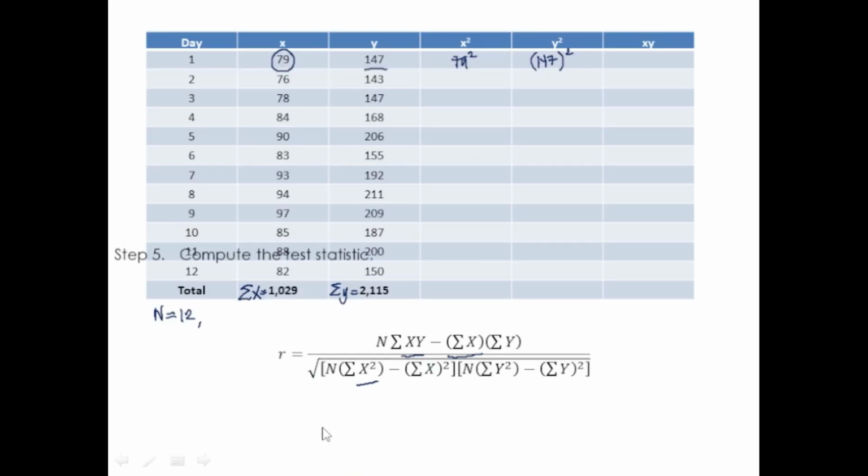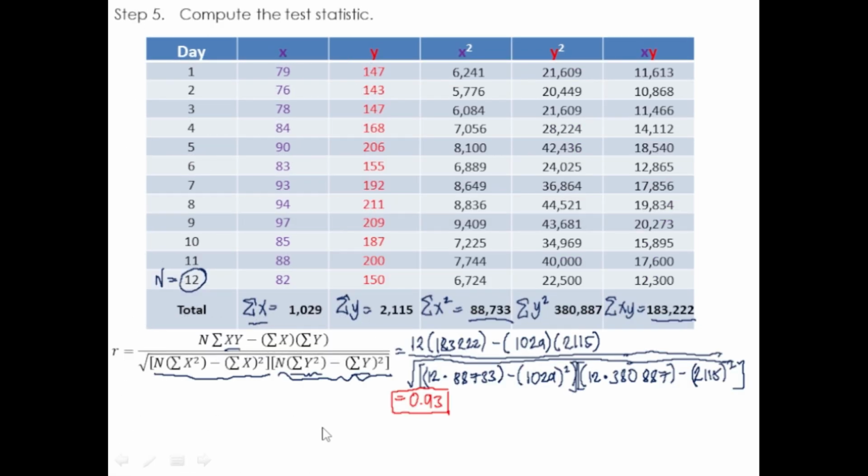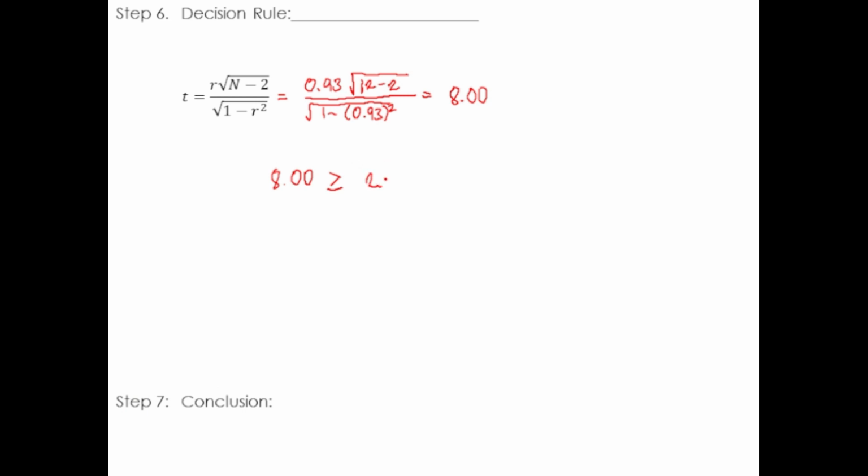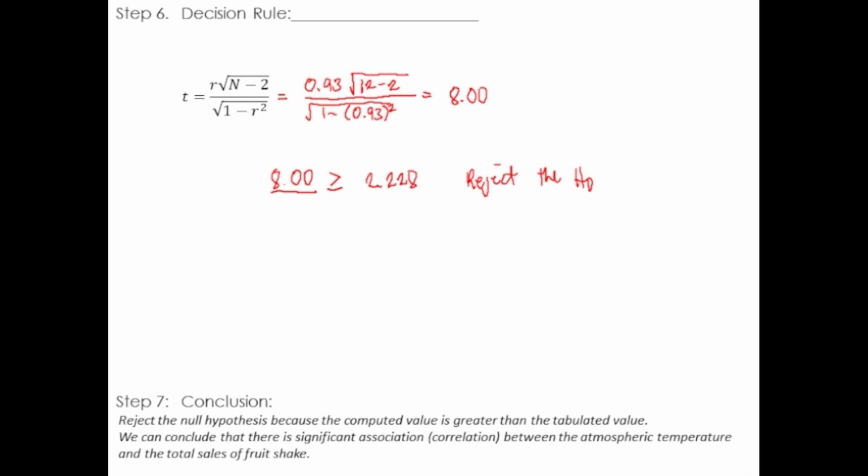The absolute value of that is 2.228. Since 8 is greater than the critical value, we have to reject the null hypothesis. Conclusion: since we reject the null hypothesis because the computed value is greater than the tabular value, we can conclude that there is significant association or correlation between the atmospheric temperature and the total sales of fruit shake.